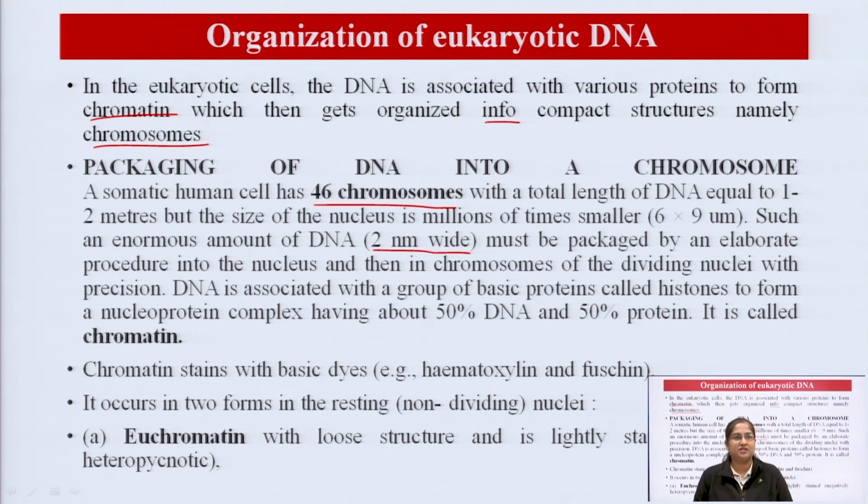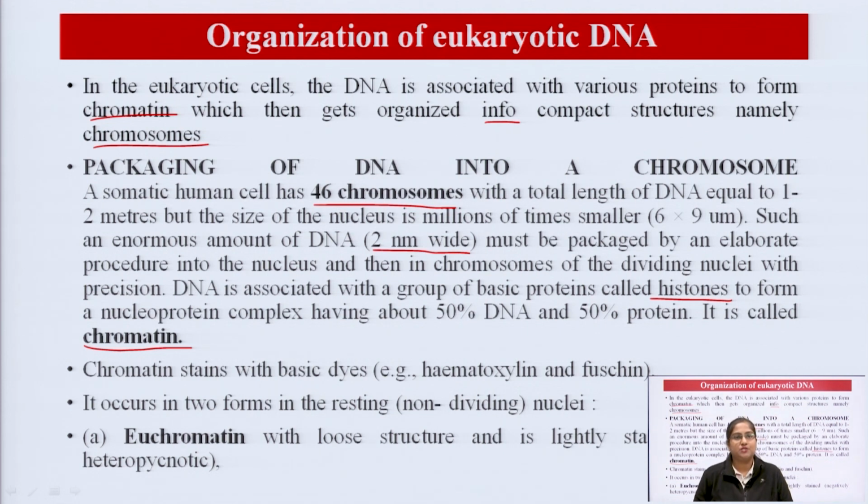DNA is associated with a group of basic proteins called histone proteins, which are very important in the structure of DNA. Histone proteins form a nucleoprotein complex having about 50% DNA and 50% protein, which is called chromatin.